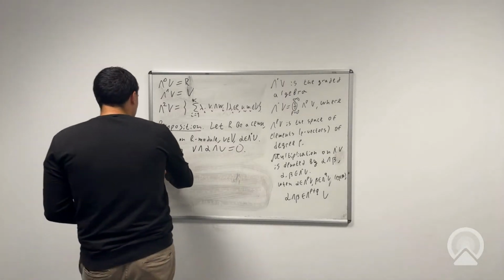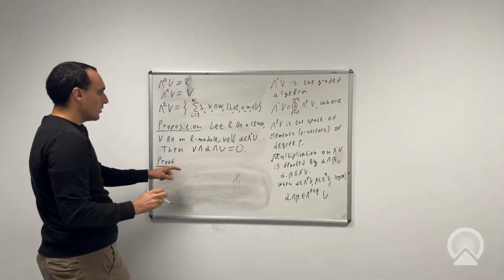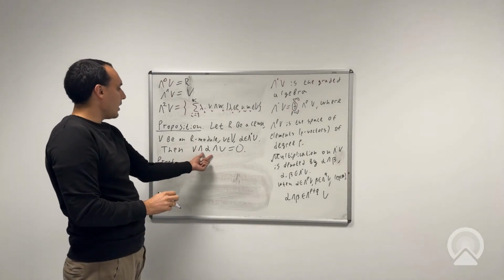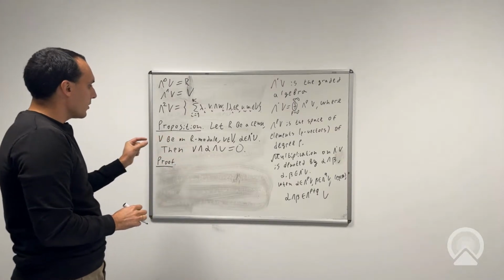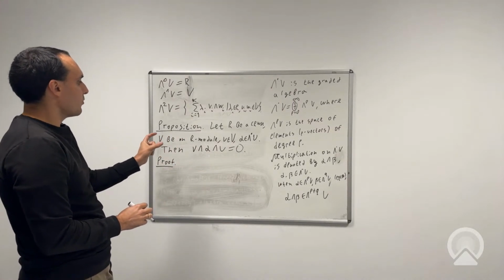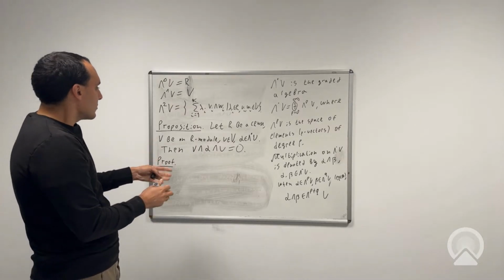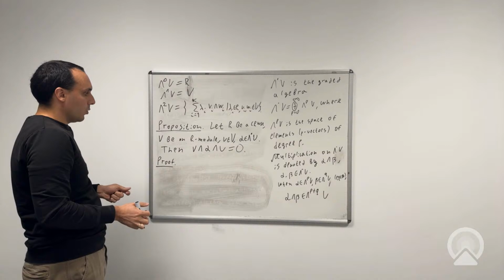And the proof is very easy. Because alpha is a sum of monomials, we need to prove it for monomials, and then by the distributive property it will be true for all alphas.